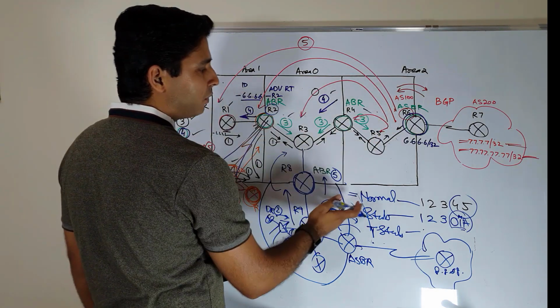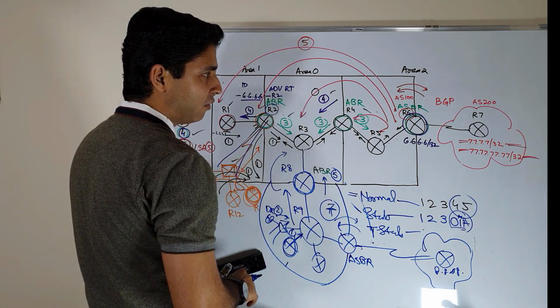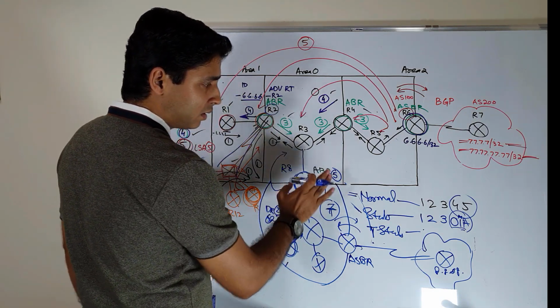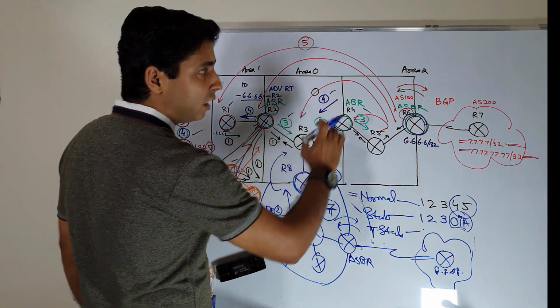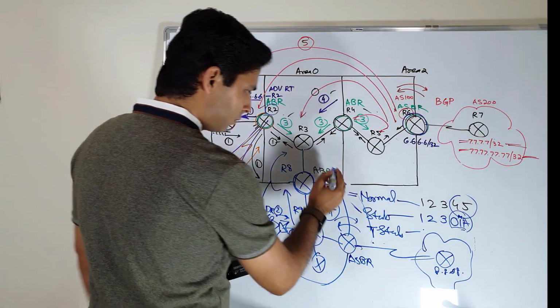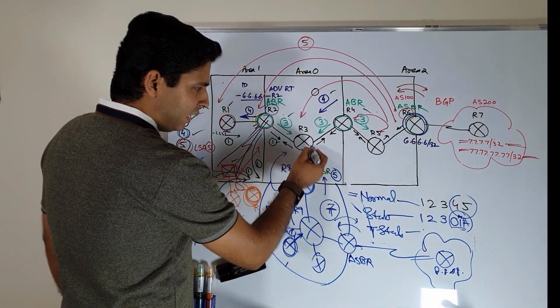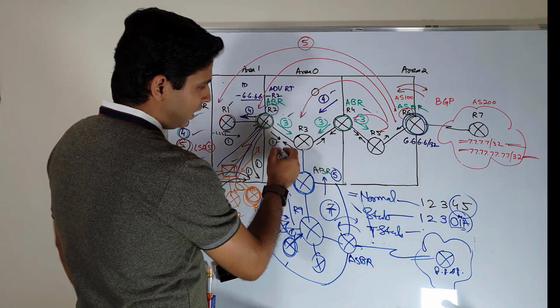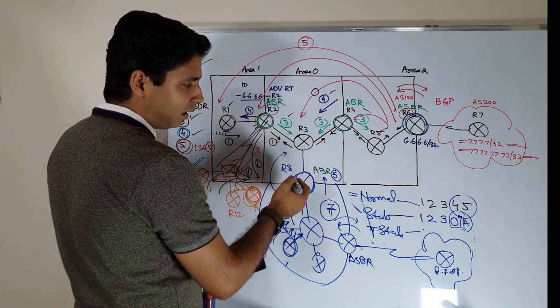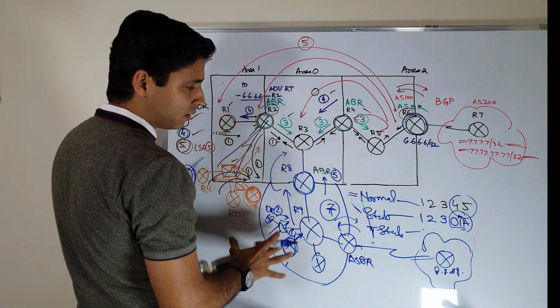And of course all of these understand type 5 LSA, but try to understand that these type 5 LSAs are different from these red ones. This type 5 means they will reach through this transit area. You can see this is a stub area. In the previous lecture we discussed the stub in detail.